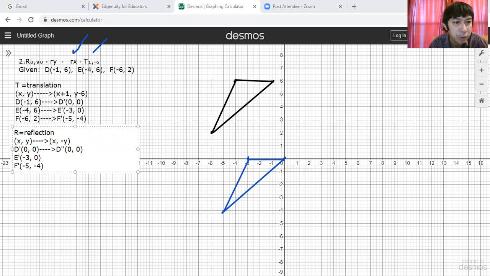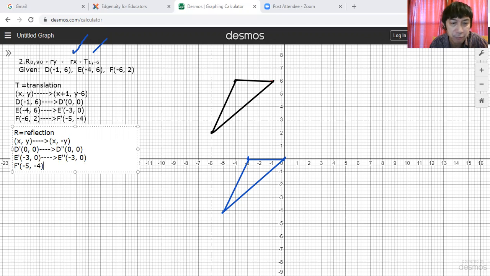We proceed to e double prime. x remains x, so that negative 3 from the negative 3, 0 will remain negative 3. And of course, negative 0 will still be 0.